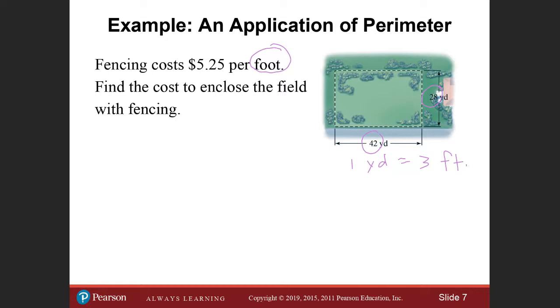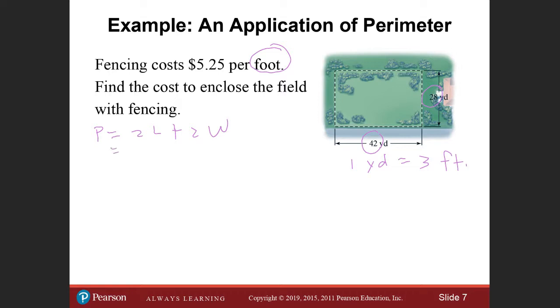So that's the conversion. There are two ways to solve this. You can convert yards into feet for the dimensions first, or get the perimeter first. The perimeter for a rectangle would be 2L plus 2W.